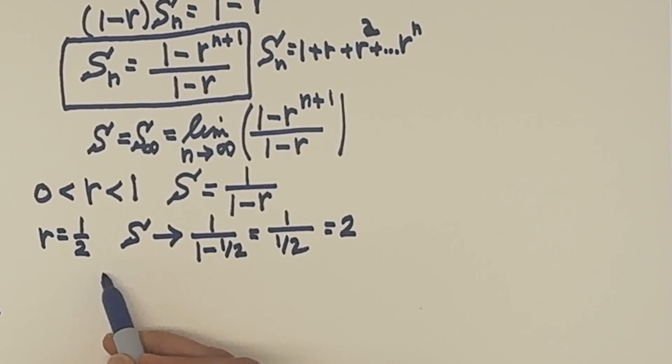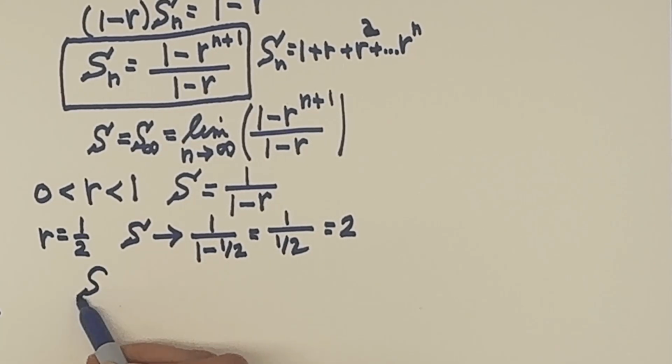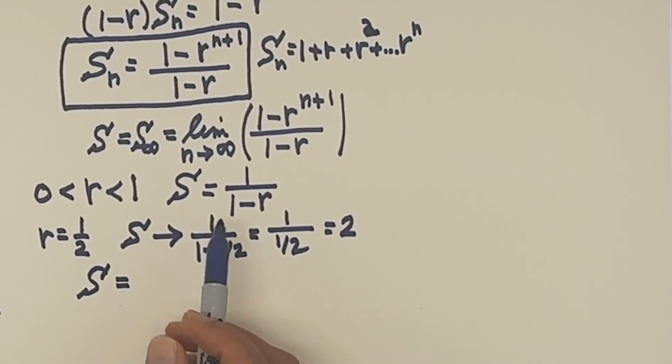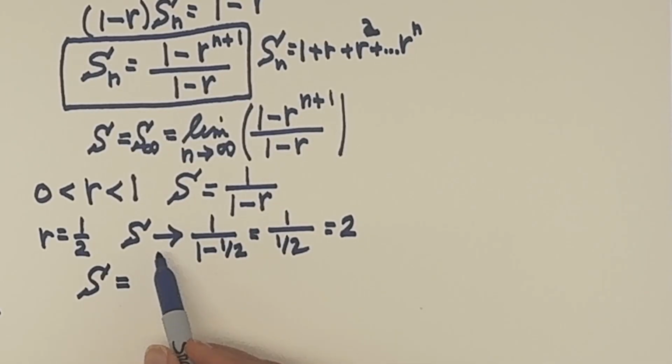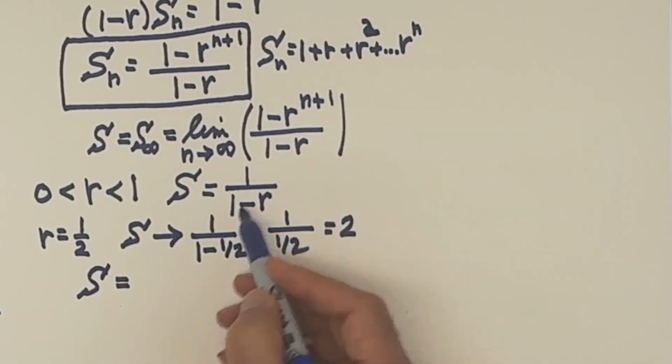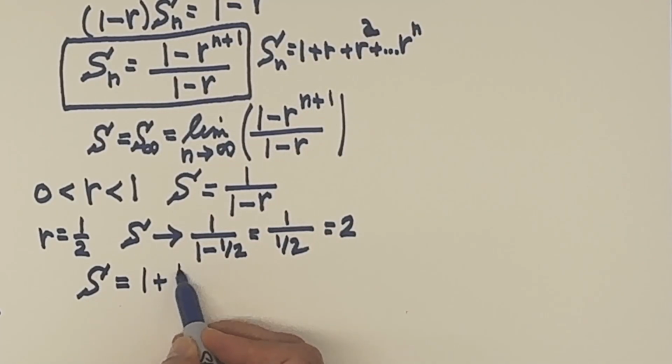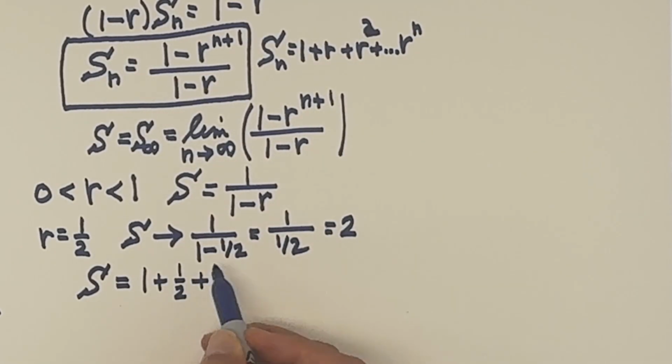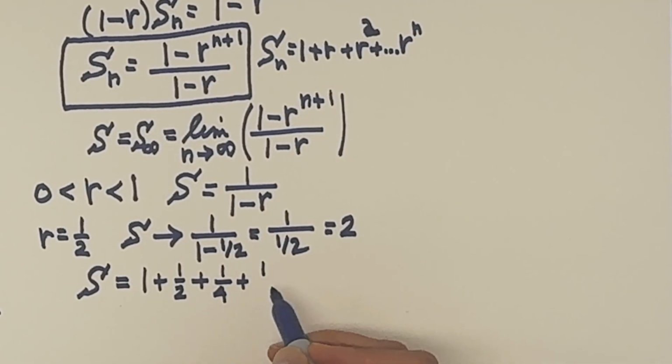Now, there's a real nice way to see this in a visual sense. Let me write it out for this S, going back to our first principles, where you have 1 plus 1/2 plus, then you have a squared, 1/4, and then you have a cube.